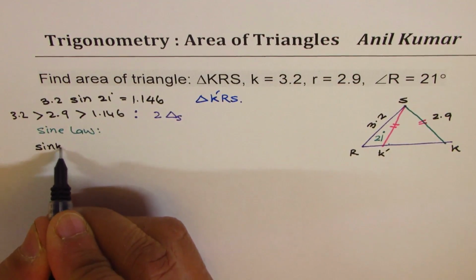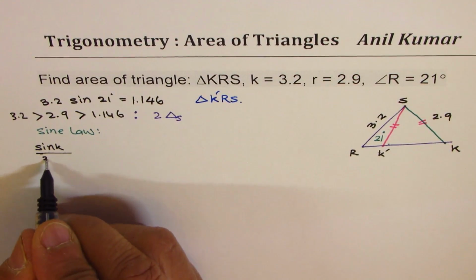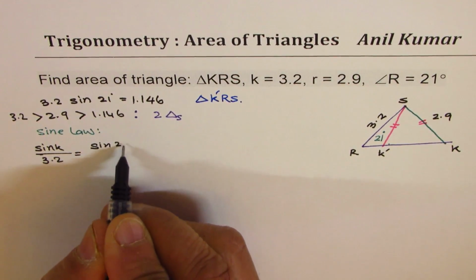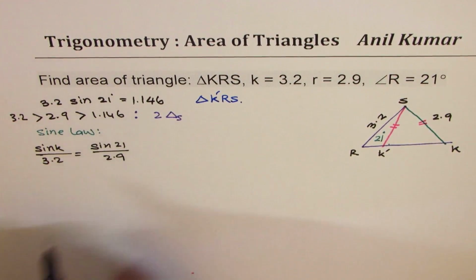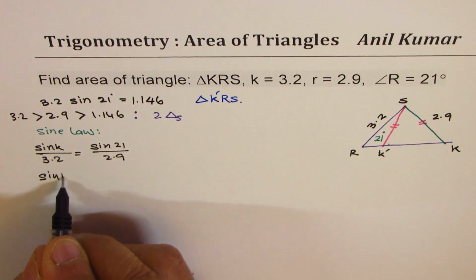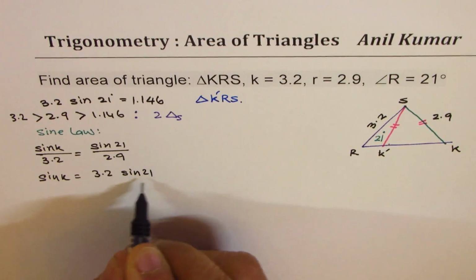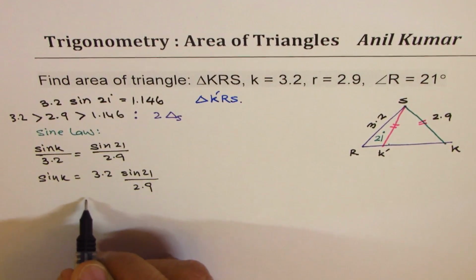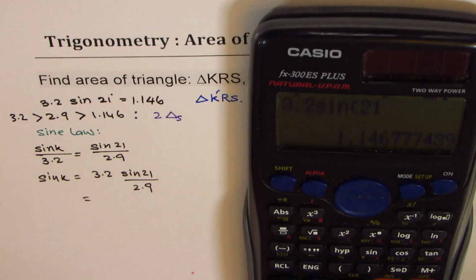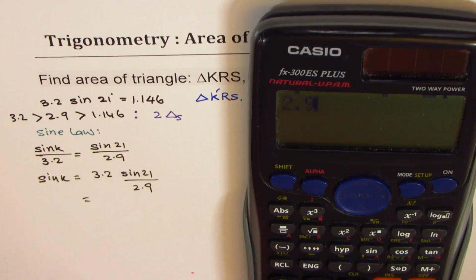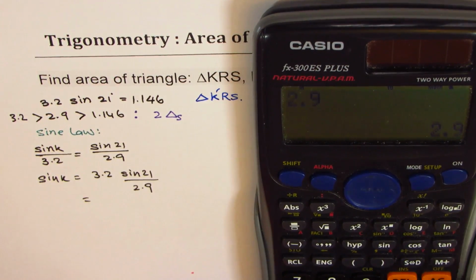Sine of K over 3.2 is equal to sine of 21 over 2.9. So sine K is equal to 3.2 times sine of 21 over 2.9, which is 3.2 times sine of 21 divided by 2.9 equals, in decimals, 2.9.